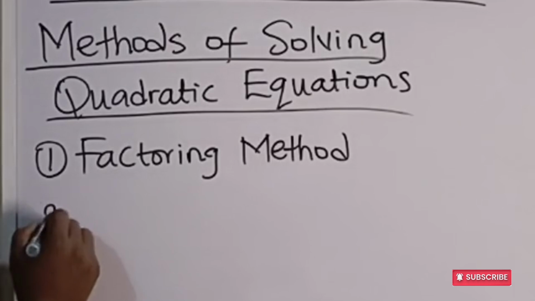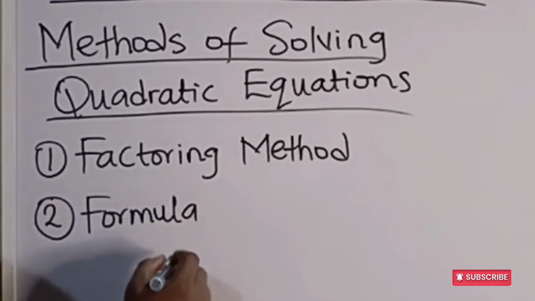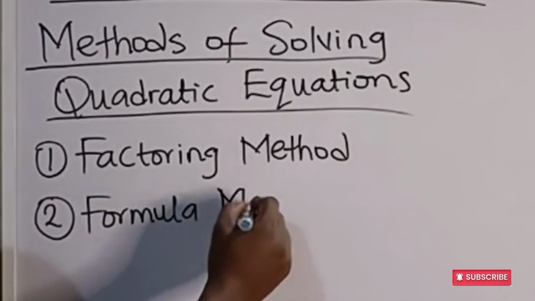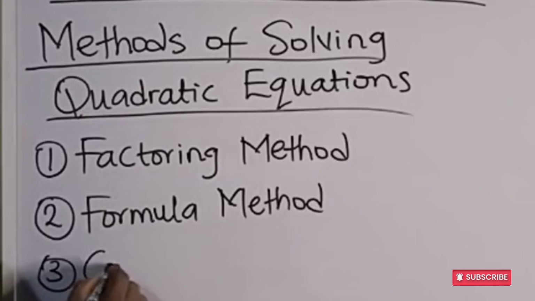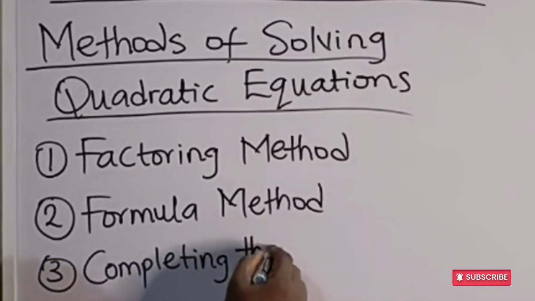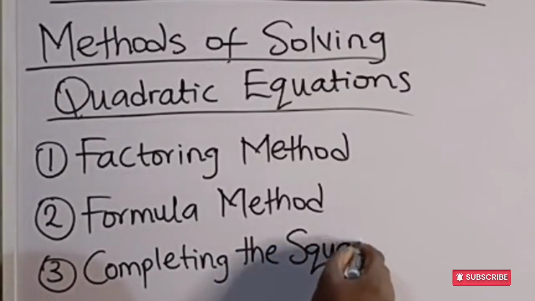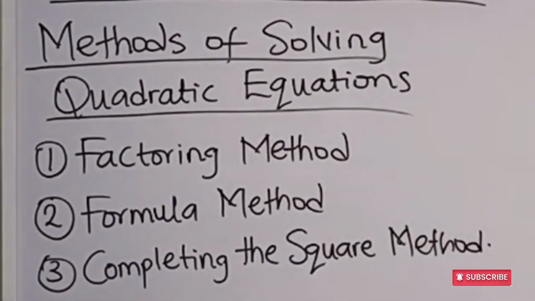The second method is the formula method. And the third one is the completing the square method. So these are the 3 methods we're going to consider in this lesson.